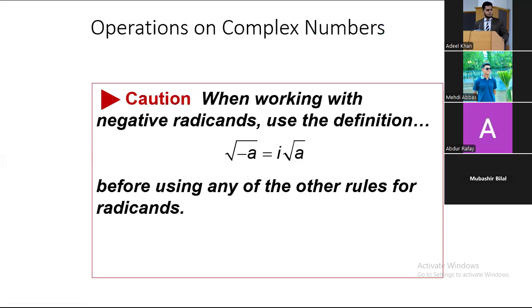So this is the rule: when working with negative radicals, use the definition, which is mathematically represented as square root of minus a equals iota square root of a, before using any of the other rules for the radicands.